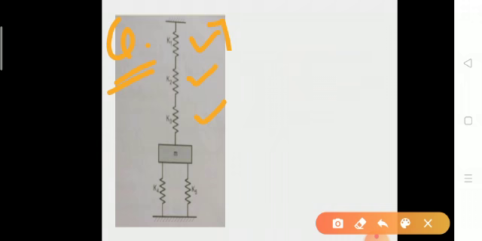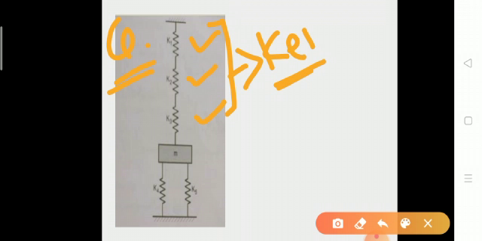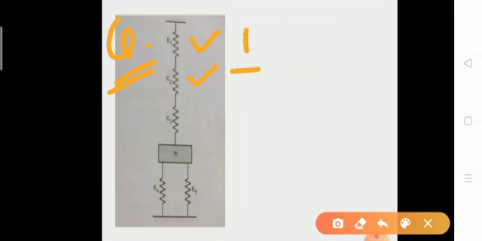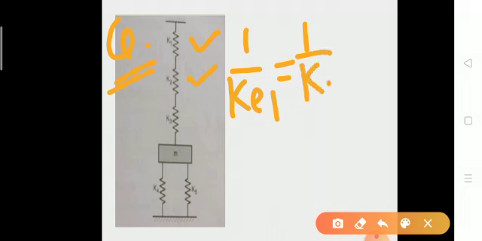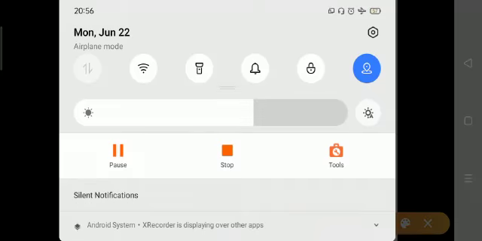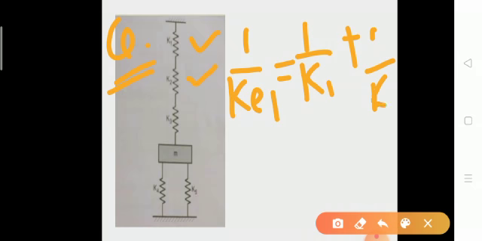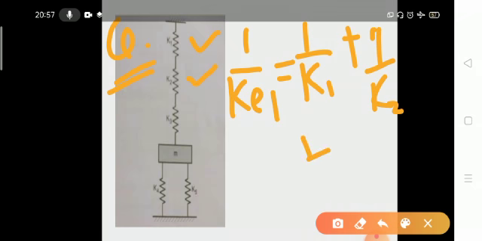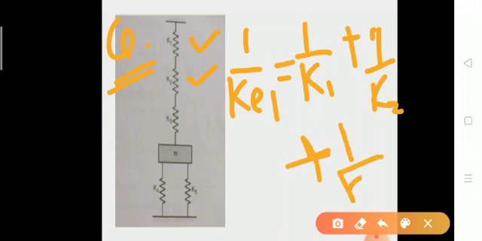So you replace these three springs by one spring, and give that spring the stiffness value ke1. So what will be your ke1 value? 1 upon ke1 is equal to 1 upon k1 plus 1 upon k2 plus 1 upon k3.